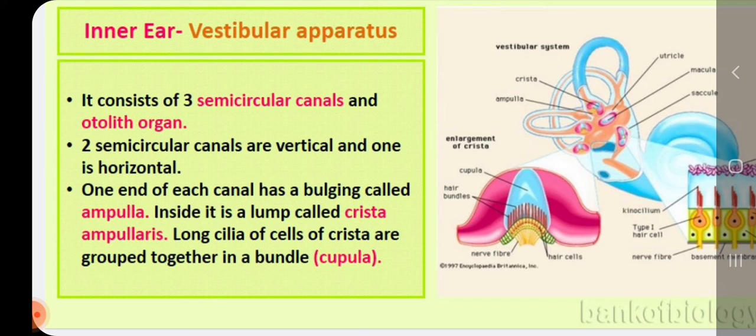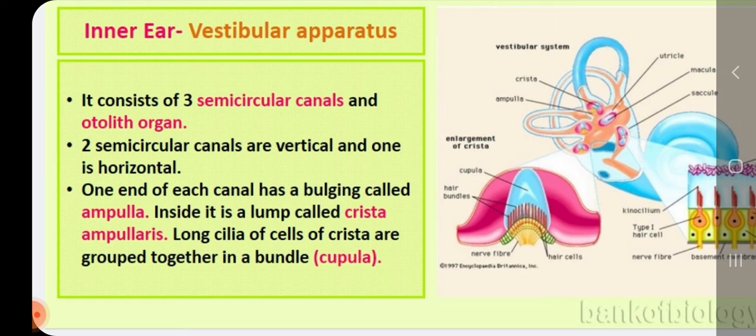The inner ear also contains a complex system called the vestibular apparatus, and that vestibular apparatus is located above the cochlea. Cochlea is again a part of the inner ear. So this vestibular apparatus is composed of three semicircular canals and the otolith organ, which consists of the saccule and utricle.